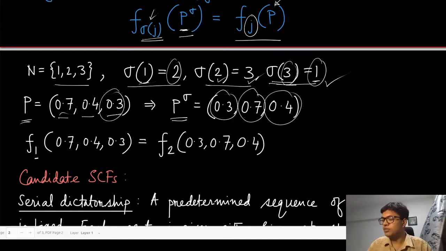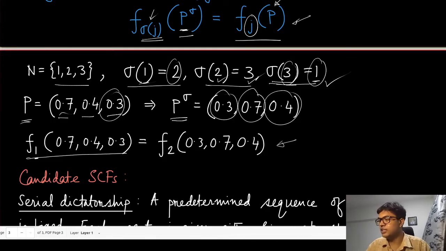Then what anonymity means is that if you look at the original game, so here we have written the right hand side first and the left hand side on the other side. So if you look at player 1 and look at the original preference profile, that should be equal to the permuted one. So 1 gets permuted into 2 and the corresponding permuted profile. And this should hold for all j.